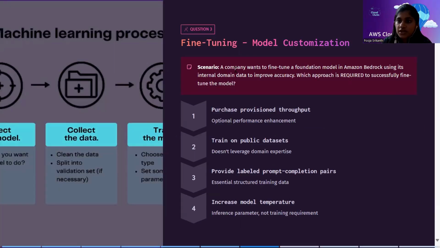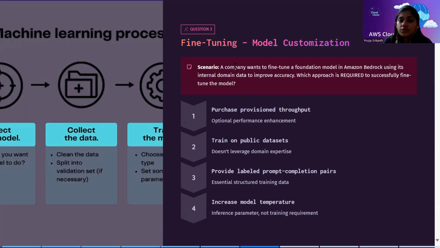Now here many candidates get confused around this question. Fine-tuning does not necessarily mean adjusting parameters like increasing your temperature or your provisioned throughput, or training with some random data sets. Be aware that prompt here means the input and the completion is the expected outcome.